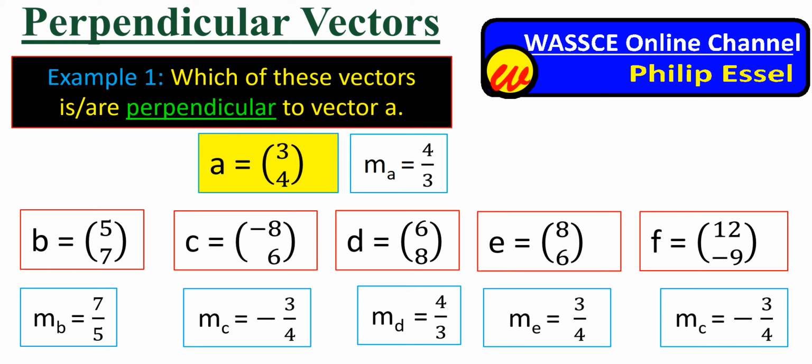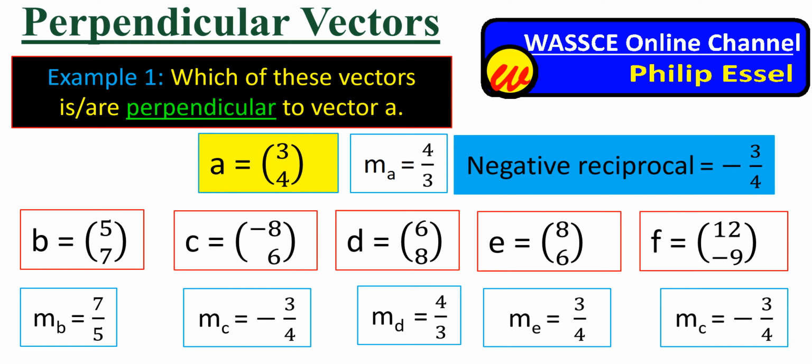The negative reciprocal of this number is negative 3 over 4. What this means is that all vectors with a slope of negative 3 over 4 are perpendicular to the vector A.